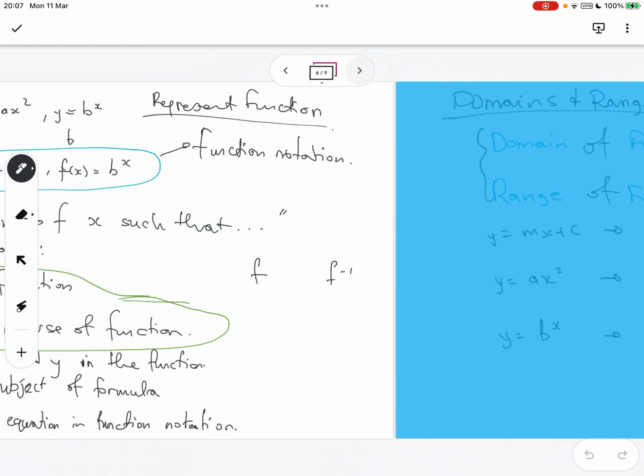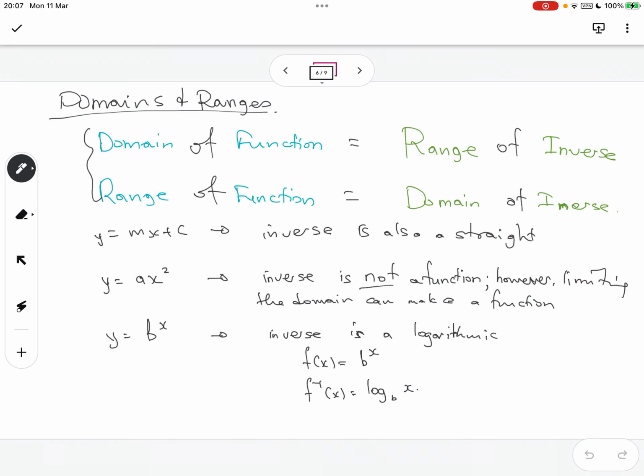And remember, when I started on the 6th slide of today's class, I spoke about domains and ranges. I think we went a bit more into depth on slide 6.